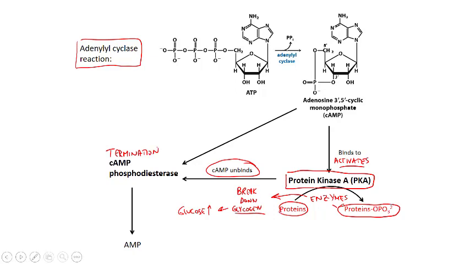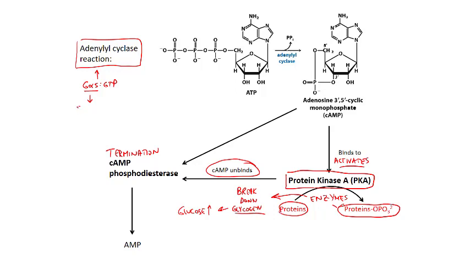Now there's a second mechanism of termination that I didn't show in the slides. And that is, remember, adenylyl cyclase, which starts this whole thing by producing cyclic AMP, is activated by G-alpha S when bound to GTP. Well, it turns out that the G-alpha S is an enzyme. It's just an incredibly weak, slow enzyme.